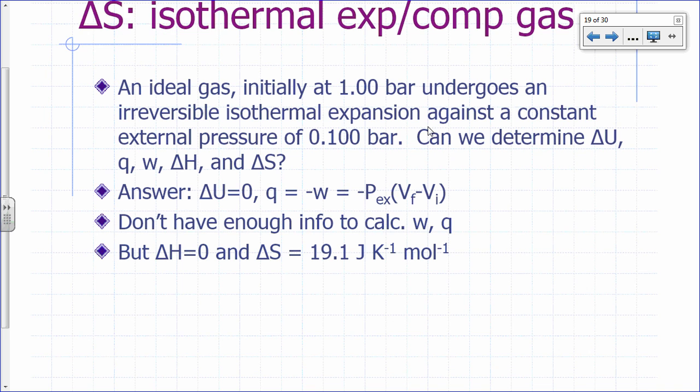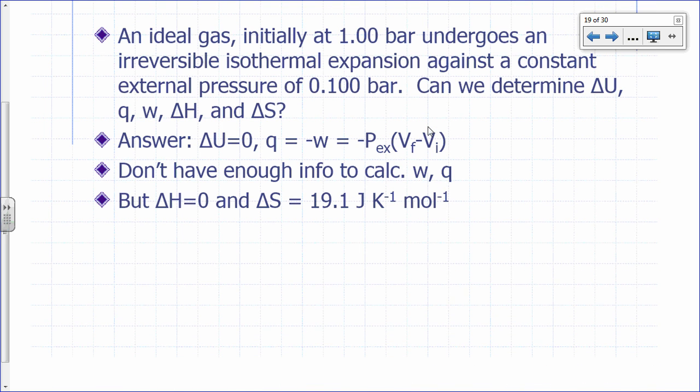Here's an example. You have an ideal gas initially at 1 bar that undergoes an irreversible isothermal expansion against a constant external pressure of 0.1 bar. Let's calculate delta U, Q, W, delta H, and delta S. All right, so delta U is 0. Why is delta U 0? We know that because we're dealing with an ideal gas, isothermal.